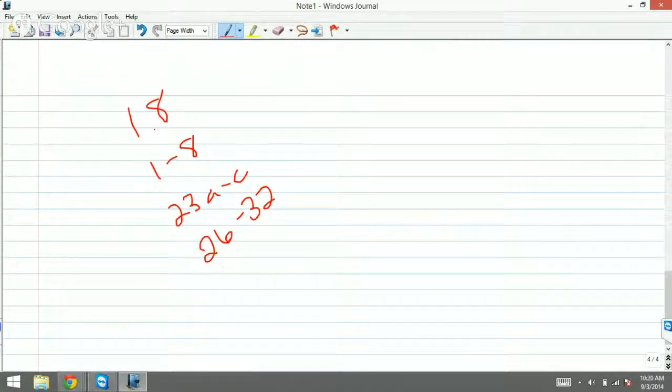8 and 23 are word problems. You have to write the inequality. These are the reviews, so practice that up.